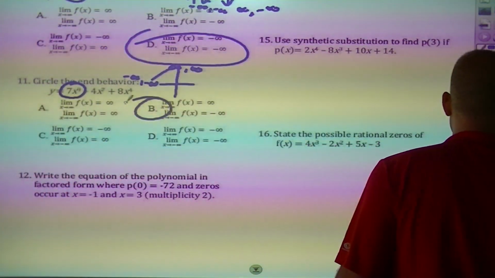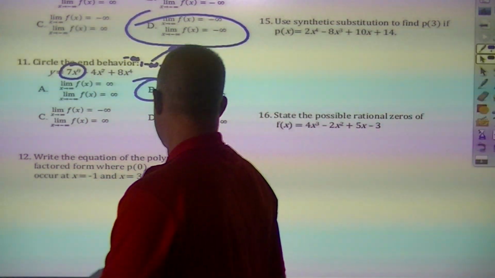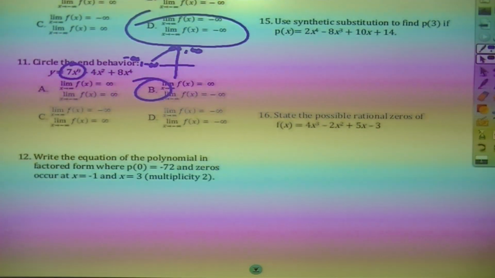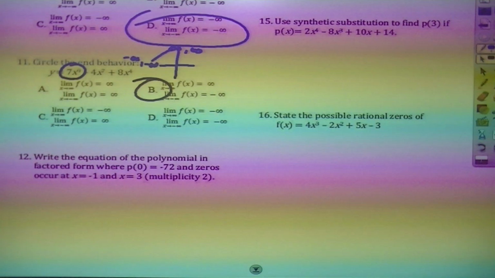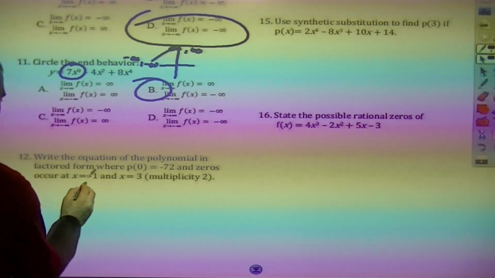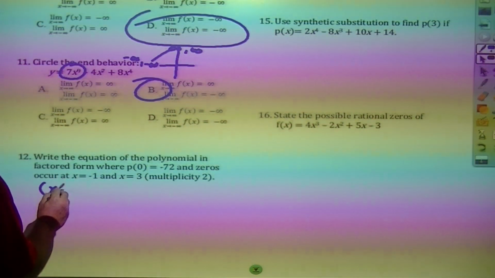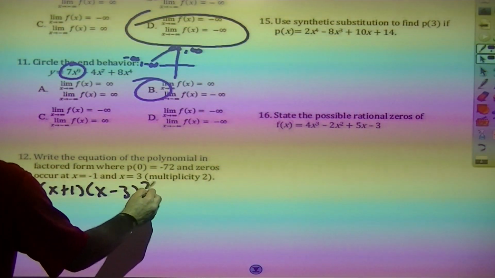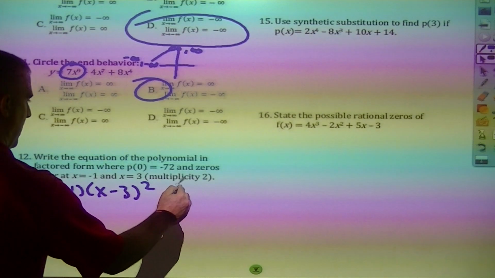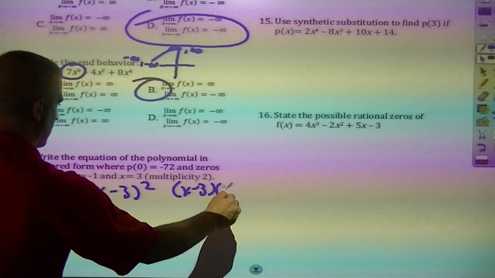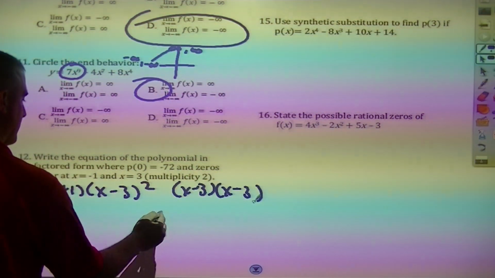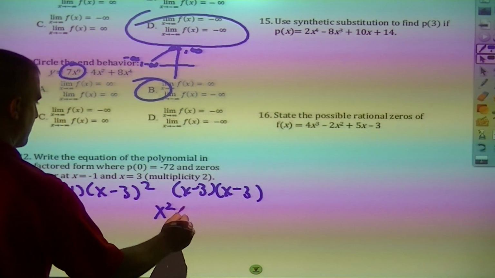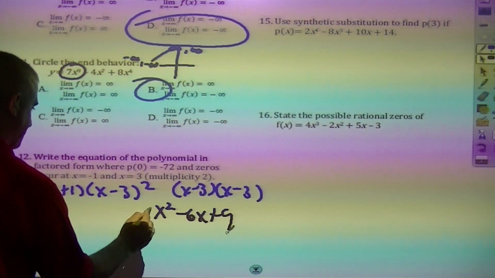write an equation of the polynomial in factored form where P of 0 is negative 72. Okay, so what I would have here is x plus 1, and from that, x minus 3 squared. So I would go ahead and multiply that. Just to save us some time, that's going to be x squared minus 6x plus 9.